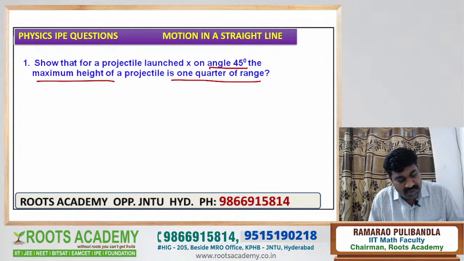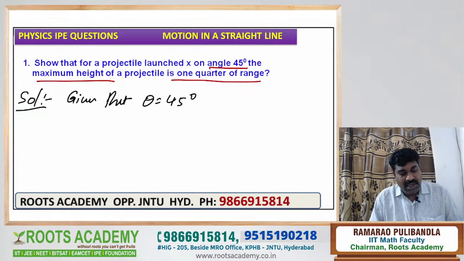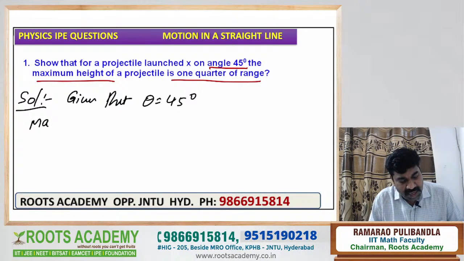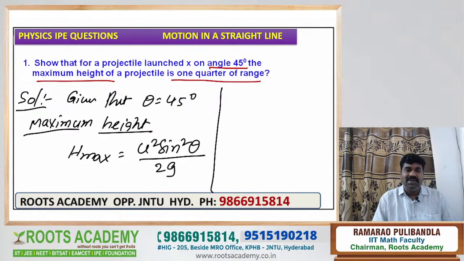So here we go for the solution. First of all, given that theta is equal to 45 degrees. What is the maximum height? Maximum height H max is U square sin square theta by 2g.